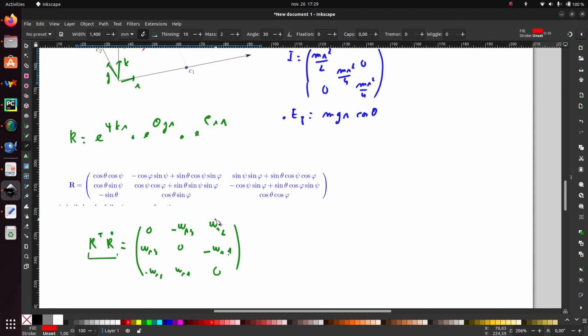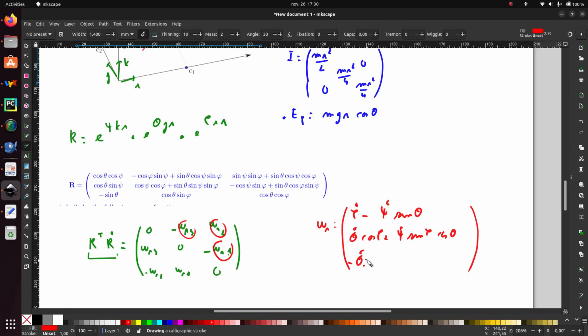If I extract this coefficient, then I will obtain an expression of omega R, which will be given by something like phi dot minus psi dot sin theta, theta dot cos phi plus psi dot sin phi cos theta, and minus theta dot sin phi plus psi dot cos theta times cos phi.